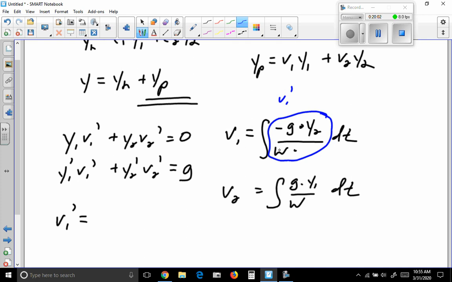So the Wronskian is just the determinant before we replace these columns with 0 and g. This is the determinant when we replace the first column with 0 and g, and this is what we get when we replace the second column with 0 and g. So that just comes from Cramer's rule.